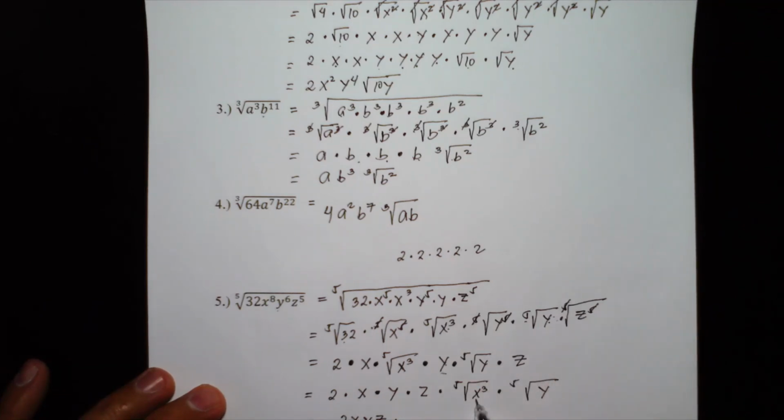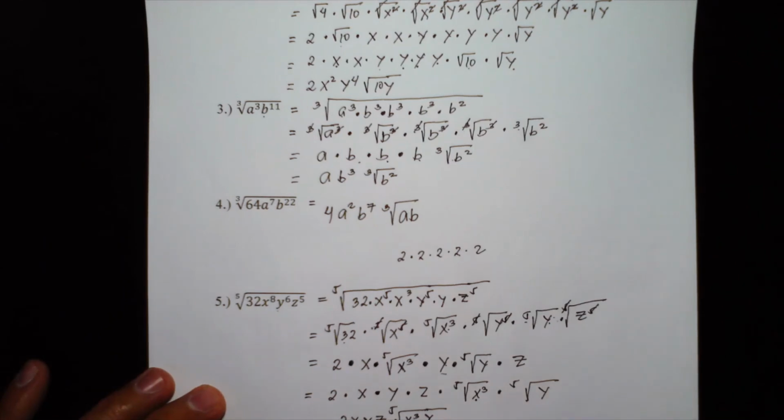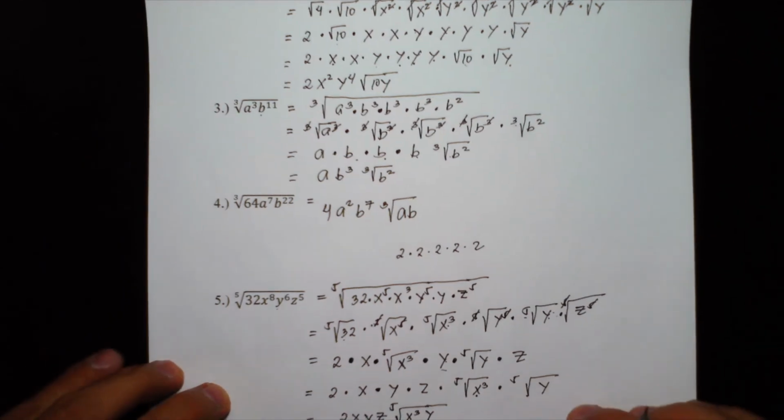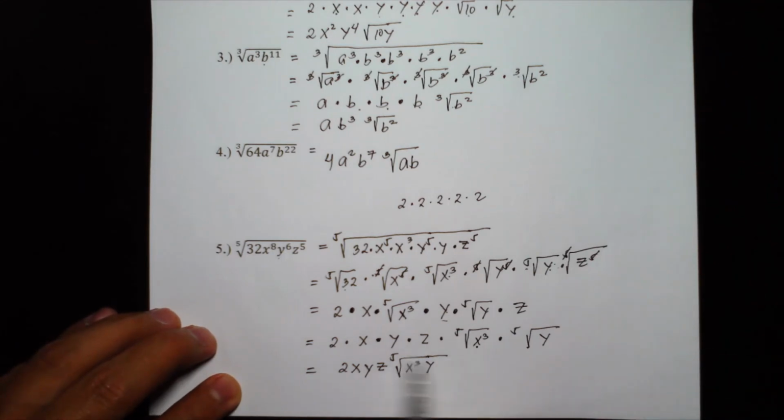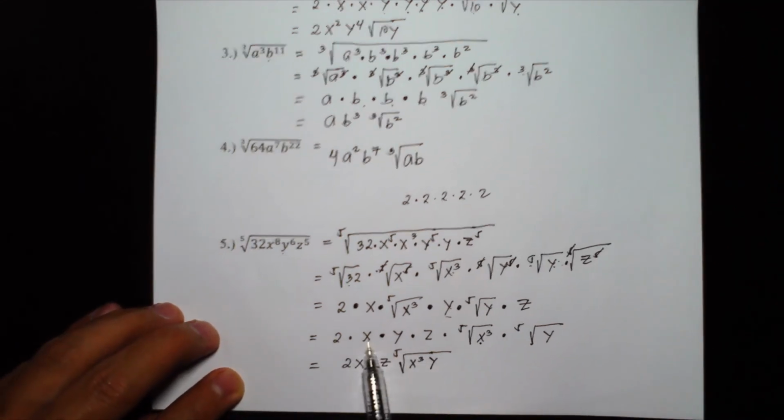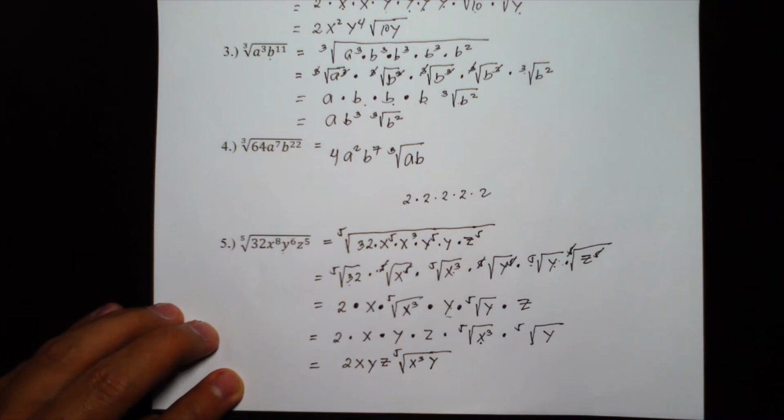Fifth root of x cubed and fifth root of y will be written as fifth root of x cubed y. Sorry, you cannot see it. So I'm just arranging.